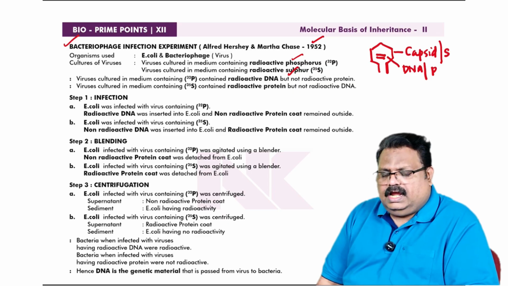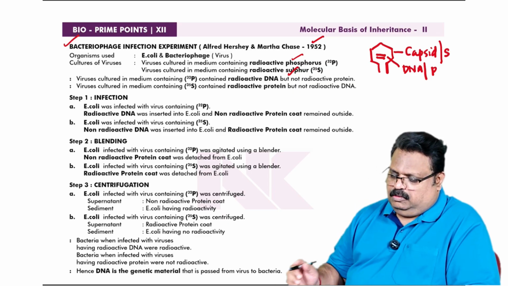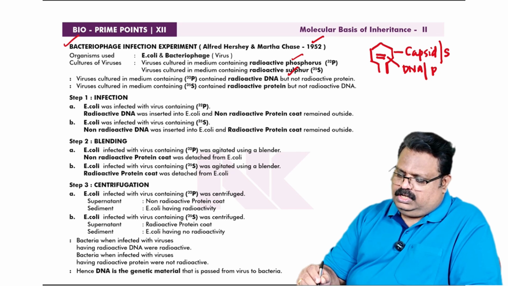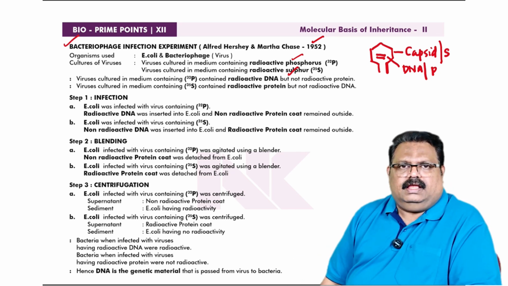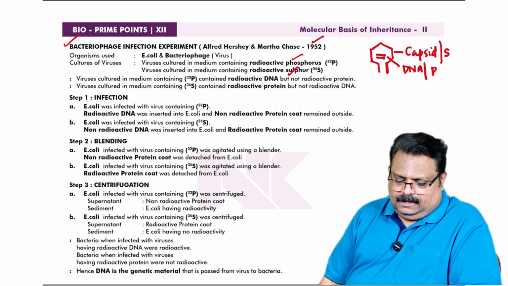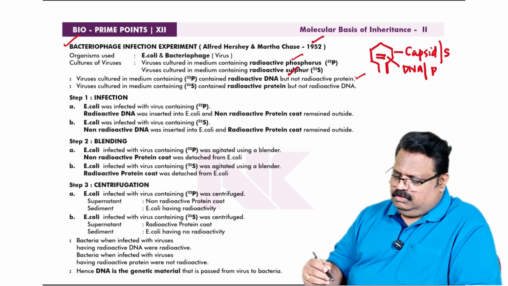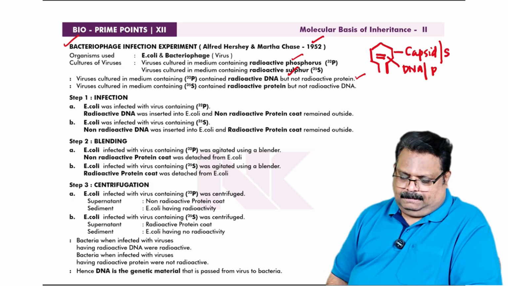So when they used radioactive sulfur, the protein coat of the virus became radioactive, and when they used radioactive phosphorus, the DNA of the virus became radioactive. Viruses cultured in the medium containing radioactive phosphorus contained radioactive DNA but not radioactive protein, because phosphorus is present only in DNA.